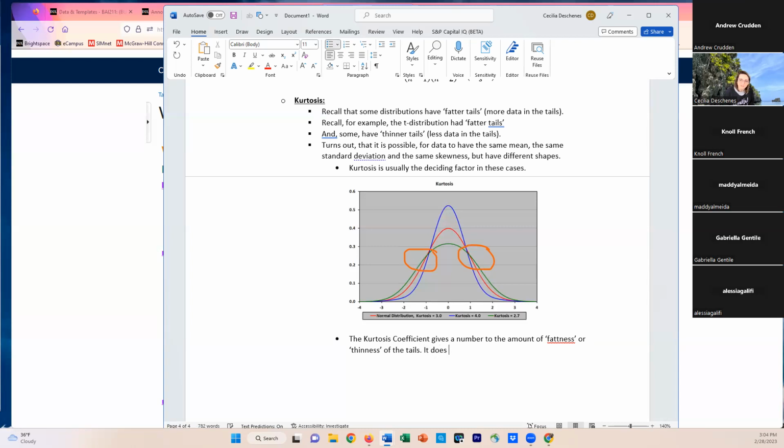And it does this by providing a number that can be compared to the size of the peak.